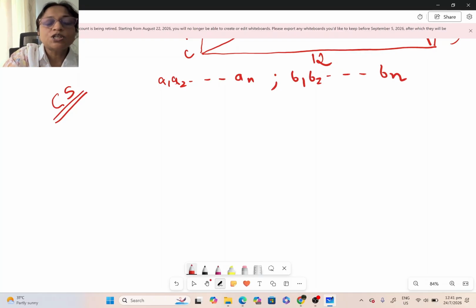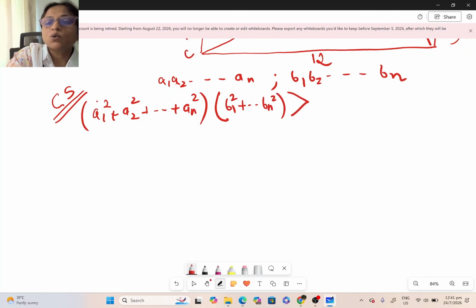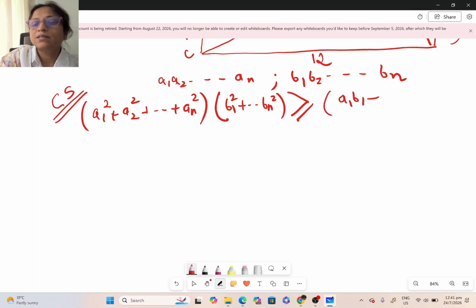So my Cauchy-Schwarz states that (a1² + a2² + ... + an²)(b1² + b2² + ... + bn²) will always be greater than or equal to (a1b1 + a2b2 + ... + anbn)².